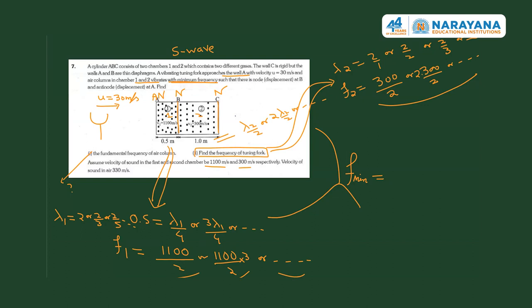Because these values are like 550, no? So 1100, 1650. There also you are getting integral multiples of 150, and these are all odd multiples of 550.